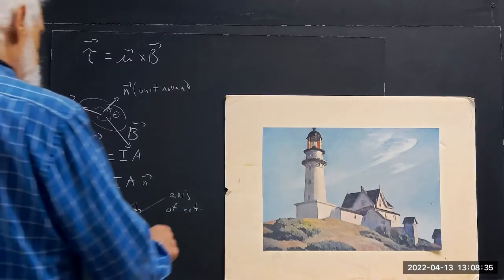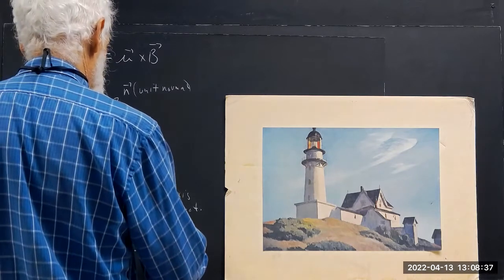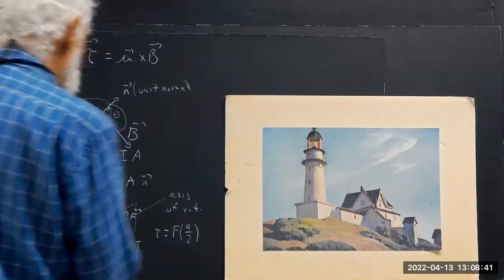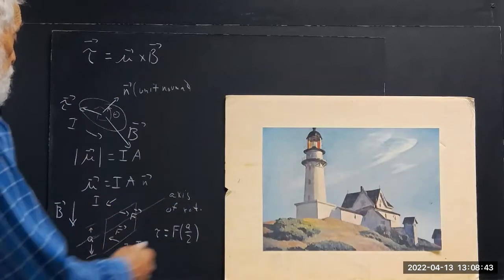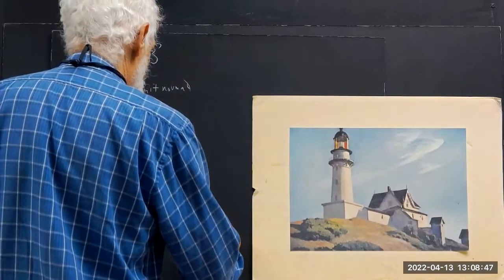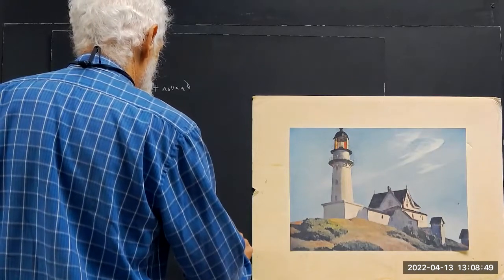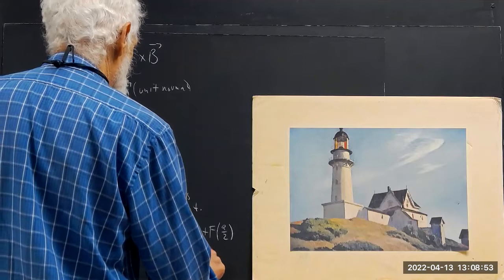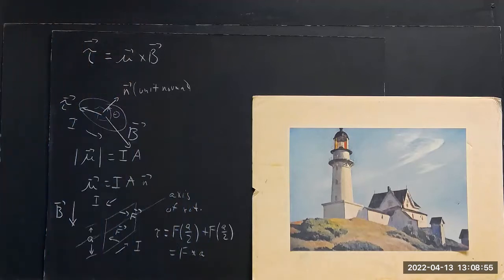So that's the torque on the top, and the torque on the bottom is F times A in this case.